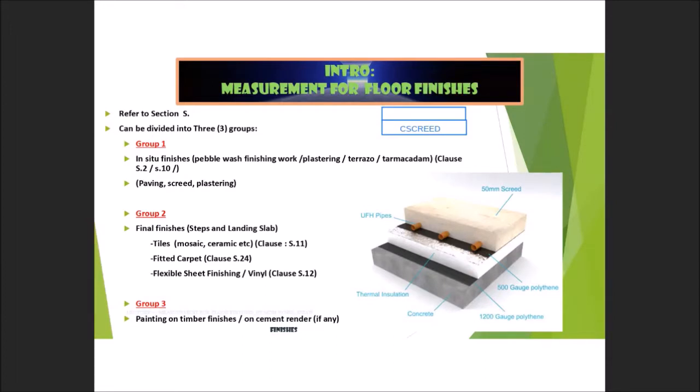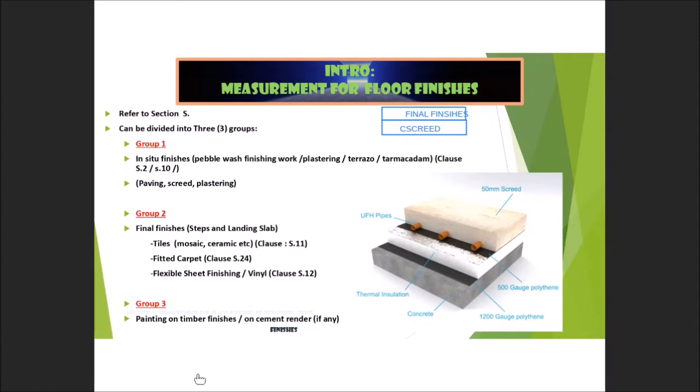Final finishes may be tiles, carpet, vinyl, and so on. But not all types of vinyl require finishes. Sometimes they only require adhesive, such as glue. But nowadays, for the thicker type of vinyl, sometimes you can see they are using screed, but of very limited thickness, say 2 mm and so on, a very thin layer of screeding.